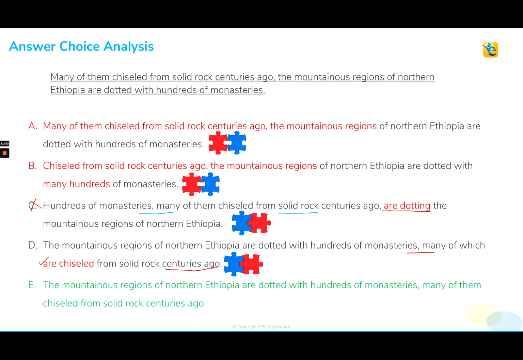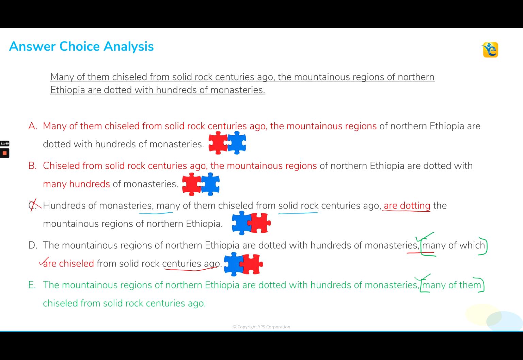Now, I know that many of you want to ask, hey, what's going on with many of which? I selected choice D because I have a proper subject verb pair here. Everything looks very neat over here, but many of them chiseled, I'm still not sure what them is talking about. Now, if you had that issue, let me tell you that the structure of many of which are chiseled and the structure of many of them chiseled, both are correct in the context of the sentence.